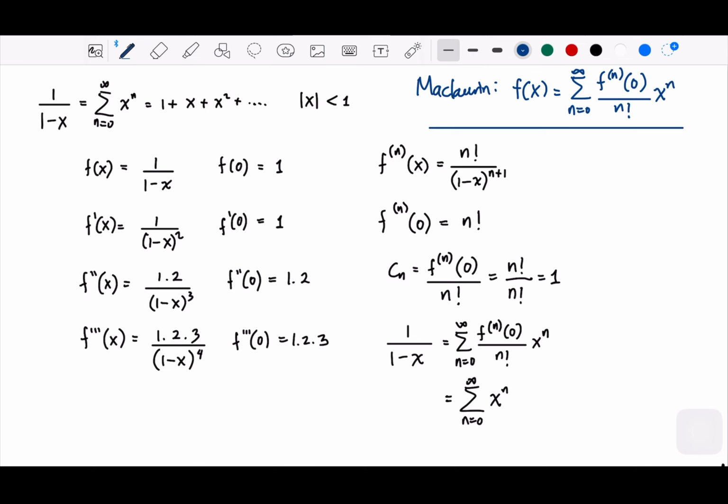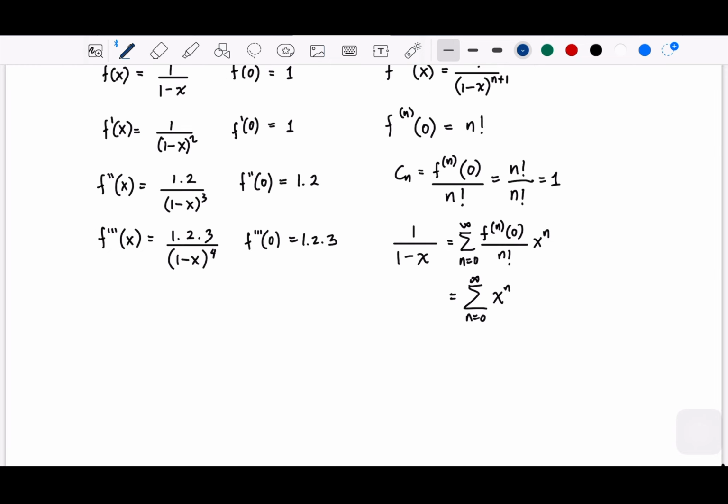Now let's say we have the function e to the x, e power of x. We know that if we derive e, no matter how many times we derive, it will still be e to the x, right?